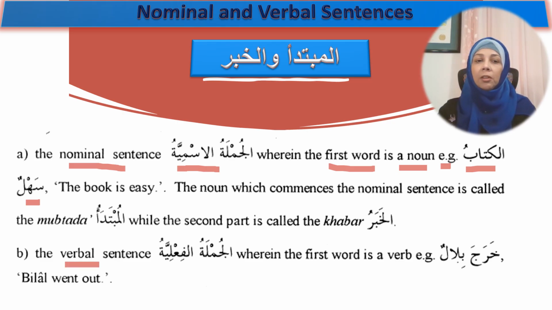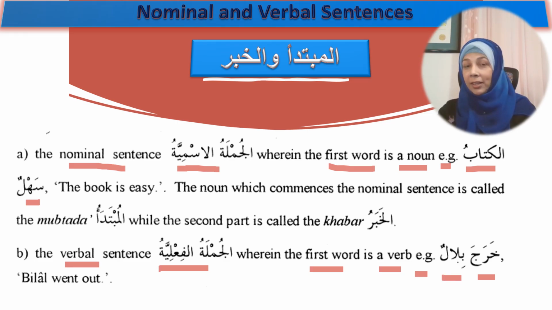And we talked about the verbal sentence, called al-jumlatul fi'liyatu, where the first word is a verb. For example, kharaja bilalun, where kharaja is the verb and bilalun is the subject of the verb, the fa'il.